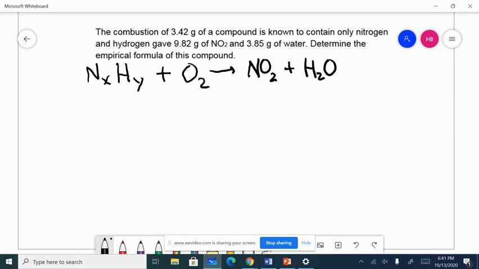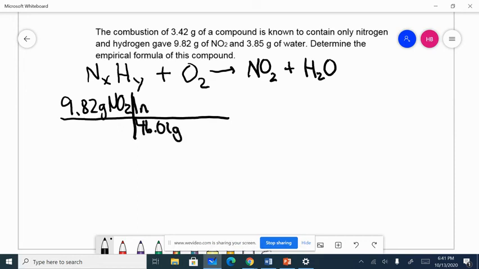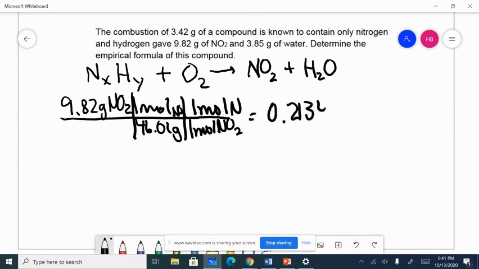So nothing really different about this. We're going to take the NO2, 9.82 grams, and we're going to pull out the nitrogen to get 0.21343 moles of nitrogen.